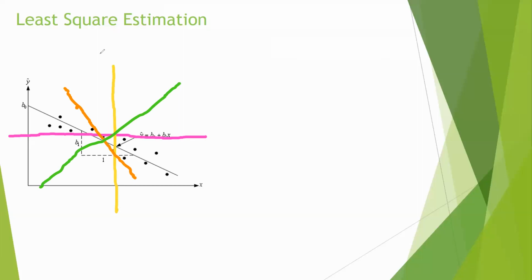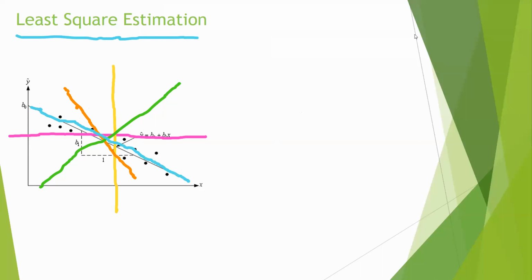But which line is the best fit based on your data? Of course, this line is the best fit, right? So what is the criteria we use to conclude that this line is the best fit for the data? This is the criteria, least square estimation.